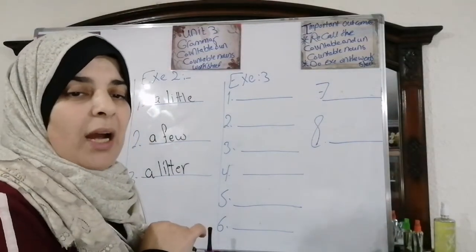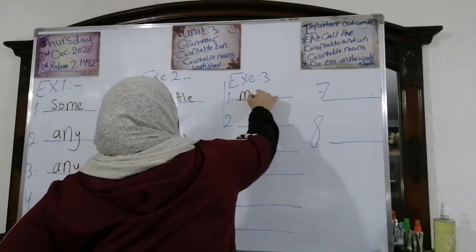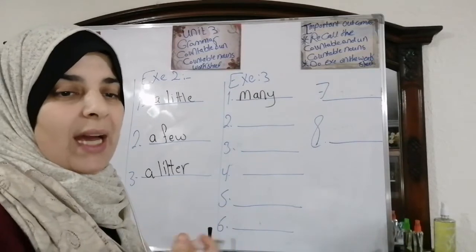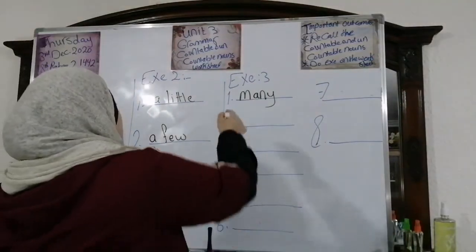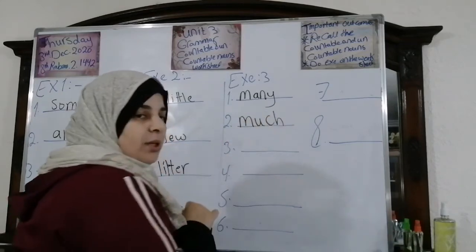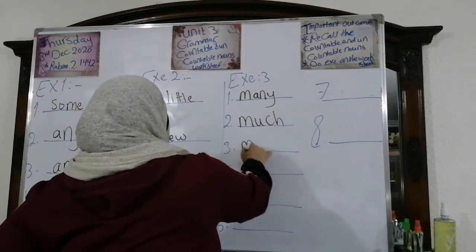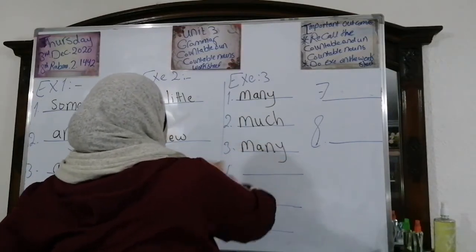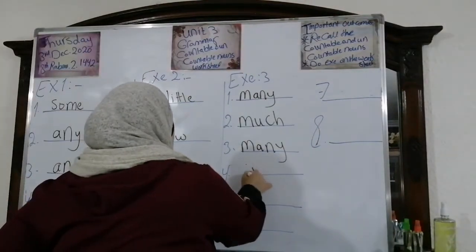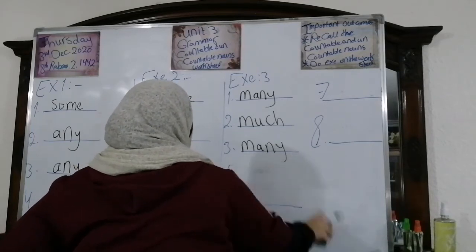Now, let's move to exercise 3. Fill in the blanks with either much or many. Number 1, many CDs, because CDs is plural; we can count them. Number 2, music, it's uncountable, so much music. Number 3, many cups, we can count them. Number 4, much juice, uncountable.